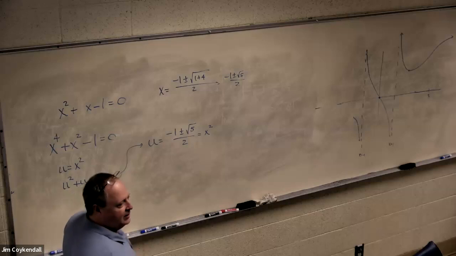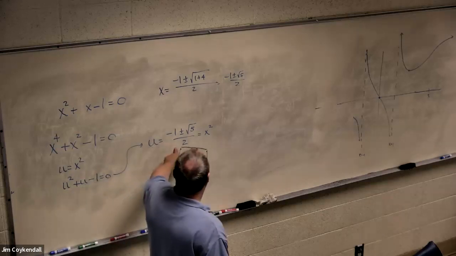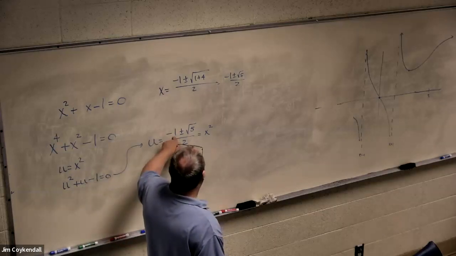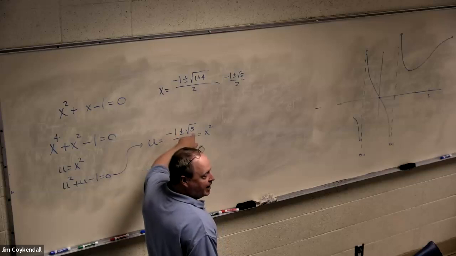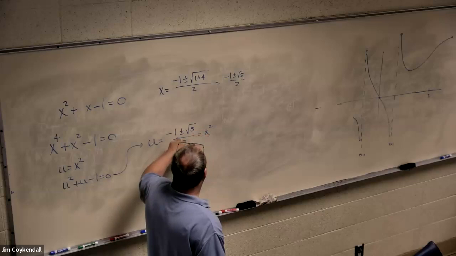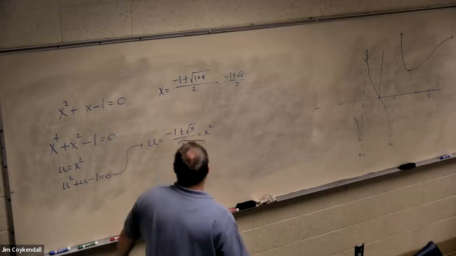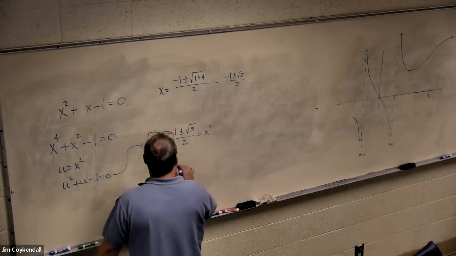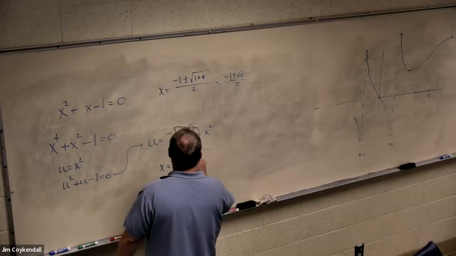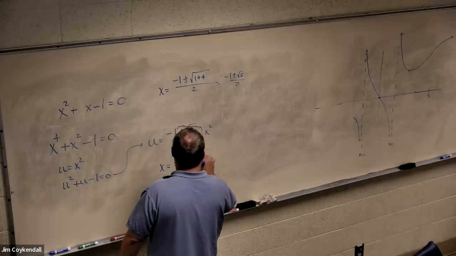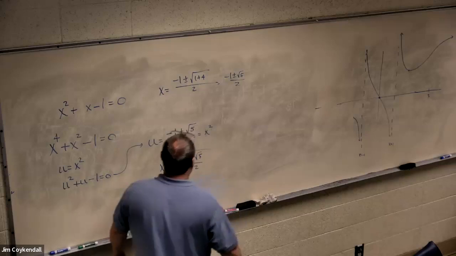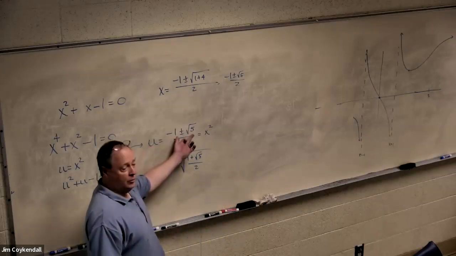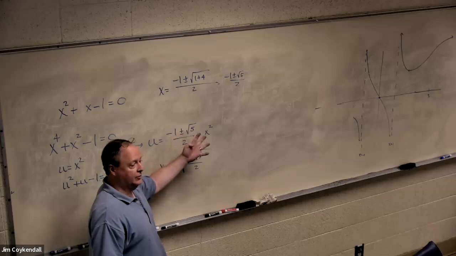In this particular case, it's only 2 because notice with the plus root, this is actually a positive number. Right? Square root of 5 about 2. Right? With the minus, there is no square root, right? So the roots of this are x plus or minus the square root of -1 plus 5 over 2. Now, if both of these roots had been positive, you would have had 4 answers instead of this.